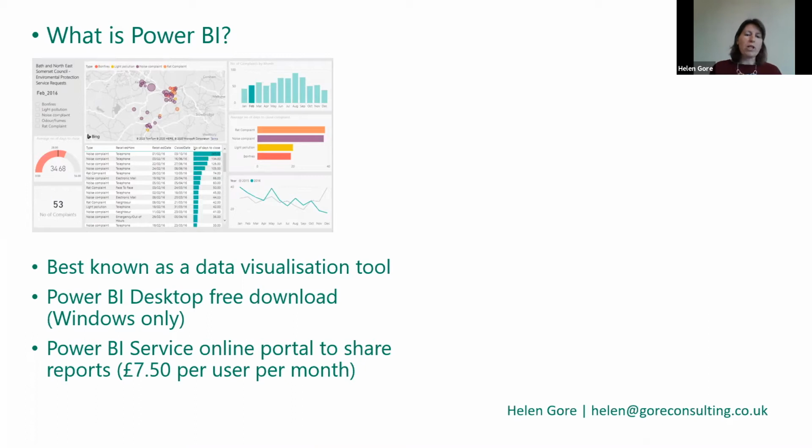It is possible to publish if you've got public data where it wouldn't matter if anybody saw it. So today I'll show you a published report, and I've not paid anything at all. You can do that for free. But if you want it to be private within your organisation, that's the point where you need to start paying. That's £7.50 per user per month.